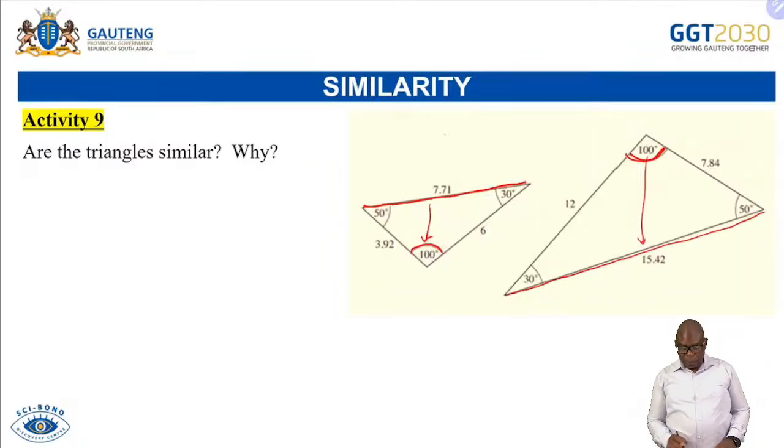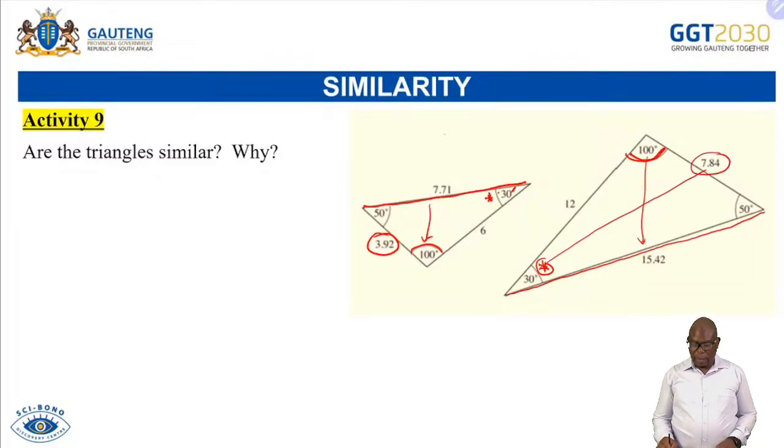Which one is the smallest side? The smallest angle is that one here, right? The smallest side meaning that it will be that. Now let's check here. The smallest angle is this one here, and the smallest side is that side there.